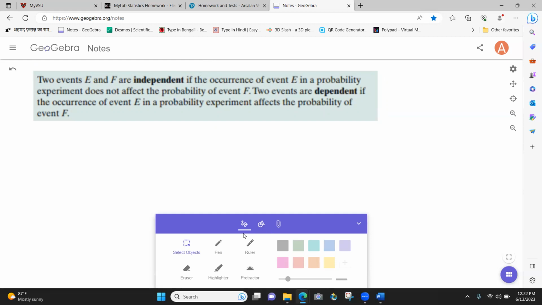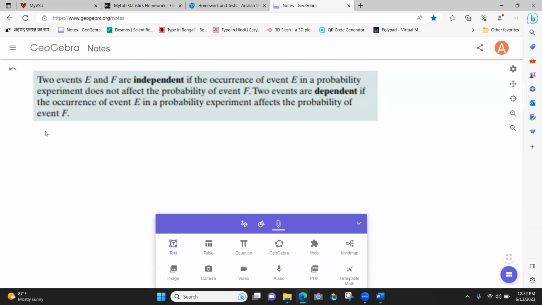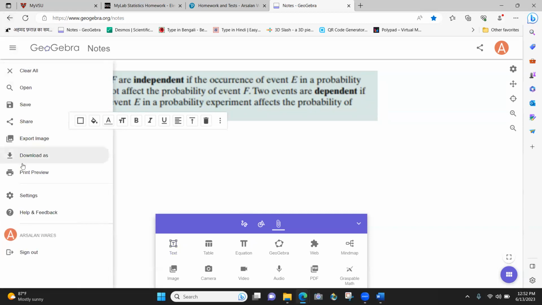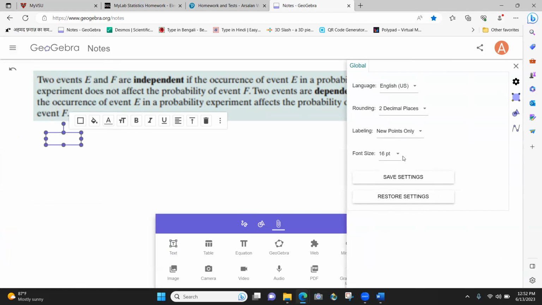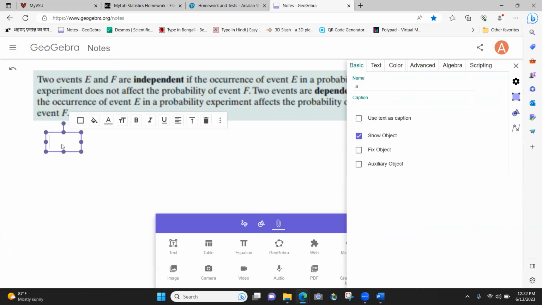So let's say we are rolling a die. These are the two probability experiments we are talking about: rolling a six-sided die, and tossing a coin. When I say roll a die, I mean six-sided, unless I say it's something else.